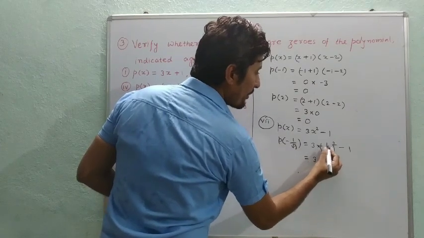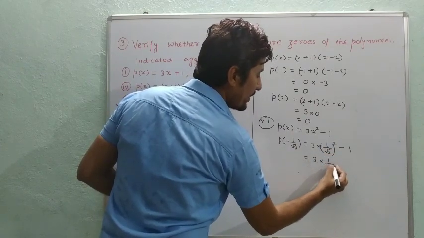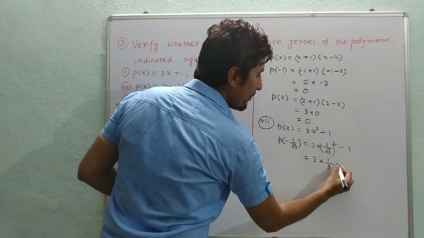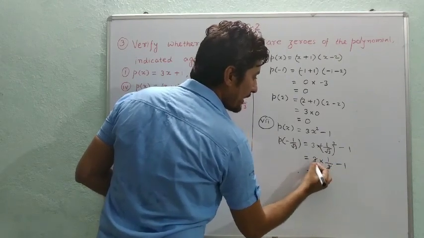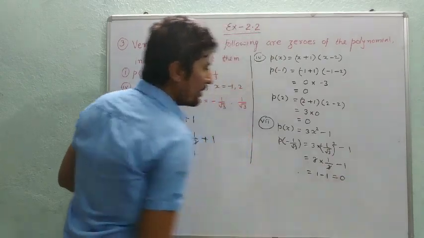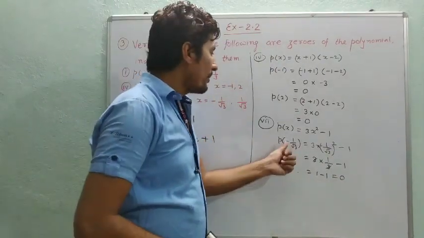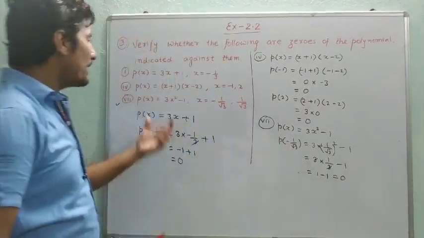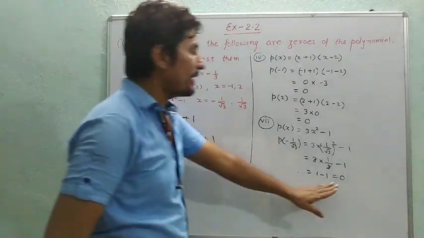Square of minus 1 will be plus 1, and square of root 3 is 3, minus 1. Now here 3 cancels, 1 minus 1 equals 0. So after putting minus 1 upon root 3 in this polynomial, we are getting 0.